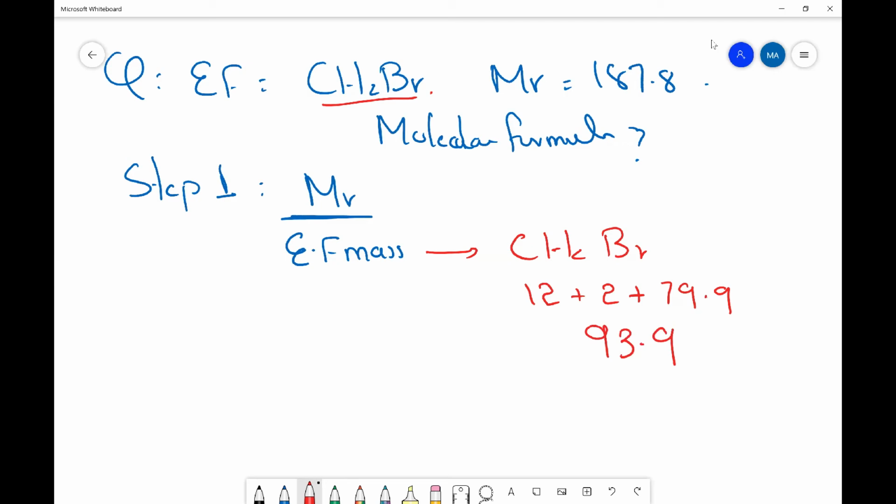Yes, 93.9. Okay, perfect. Now you have the empirical formula mass as well. What you're going to do is divide both of these. Molecular formula mass is 187.8 and empirical formula mass is 93.9.